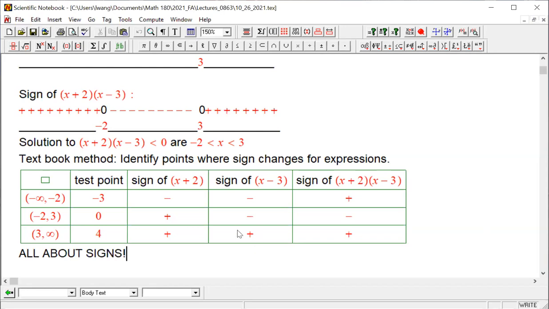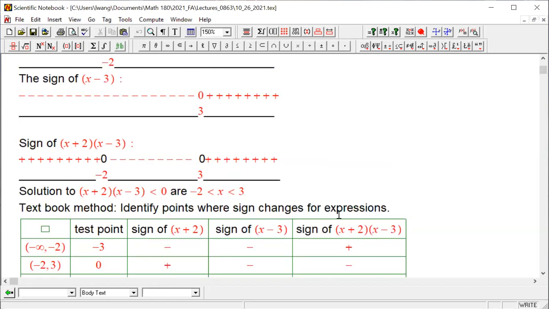Okay. Now, each method has pros and cons, right? But they all have certain numbers we need to find. In all 3 methods we need to identify the points -2 and +3.